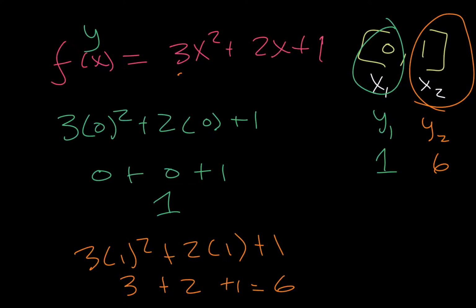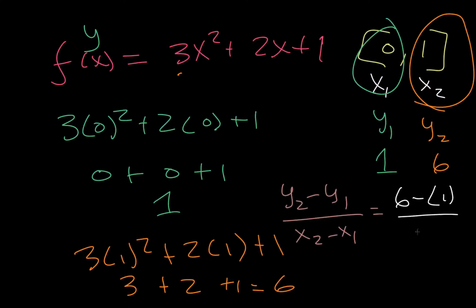Now at the beginning of this video, I reminded you guys of this slope formula. And we're just going to plug in the values to that. So my y2 value is 6. My y1 value is 1, so I say minus 1. My x2 value is 1, and my x1 value is 0.